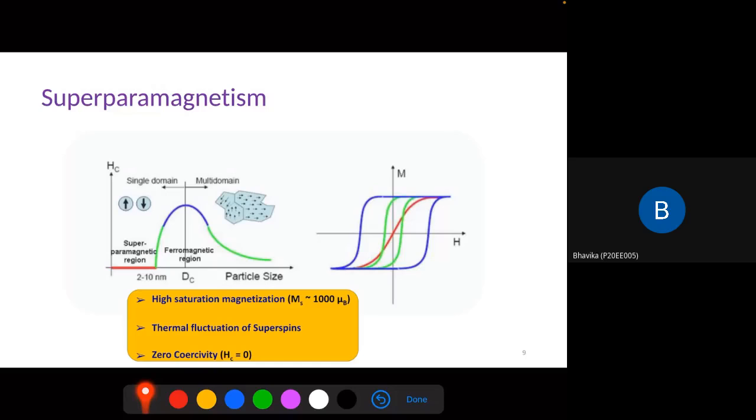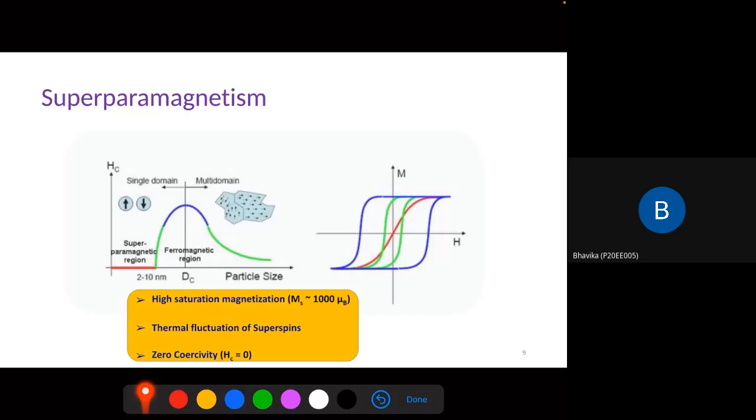So compared to a typical atomic magnetic moment, the superparamagnetic particle has a huge magnetization.